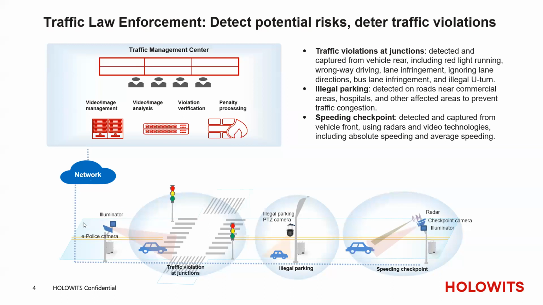And some of our new products, like the X2391, we have the built-in full color cameras. It's no need the illuminators, because it uses the IR, which is the infrared radiation, and with the very weak white light, it combines the two images, combine the black and white images and the very dark full color images, and combine them to a very clearly full color images in the night, even there is very weak light in the night.